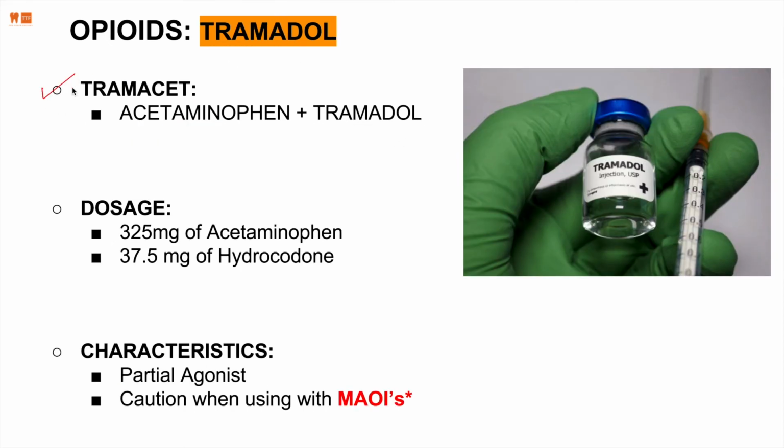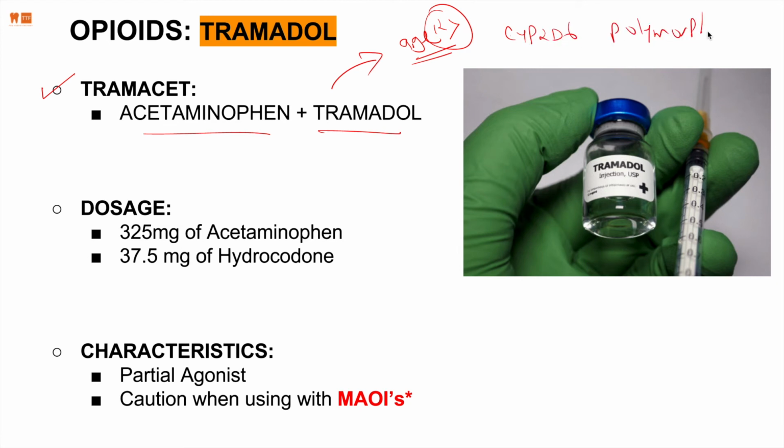Tramadol has a Tramaset trade name. Acetaminophen with Tramadol. Remember, this drug was also contraindicated in children under the age of 12. So if children are being treated for pain under the age of 12, we cannot give Tramadol because of the CYP2D6 polymorphism.